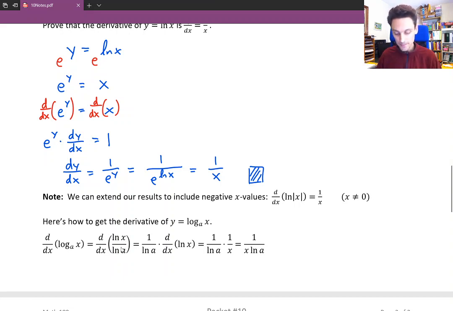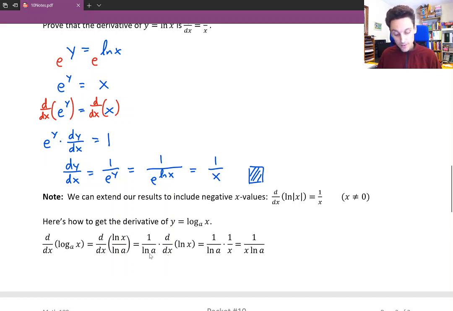And now to take the derivative, it looks like we might want to use the quotient rule, but ln a is a constant, and so we can pull that constant out in front as a 1 over ln a. This ln a is on the bottom of a fraction, so it's really like a 1 over ln a that we can pull out in front of the derivative, because 1 over ln a is a constant, at least with respect to x.